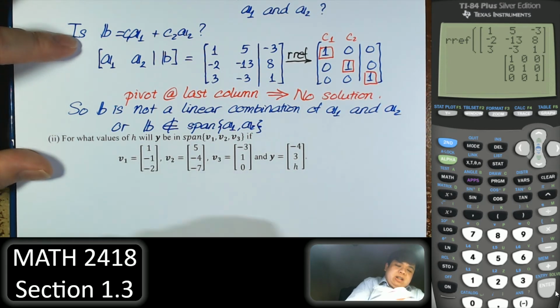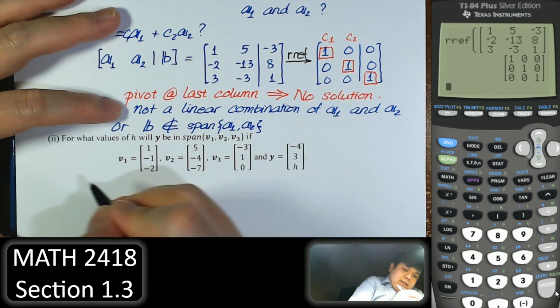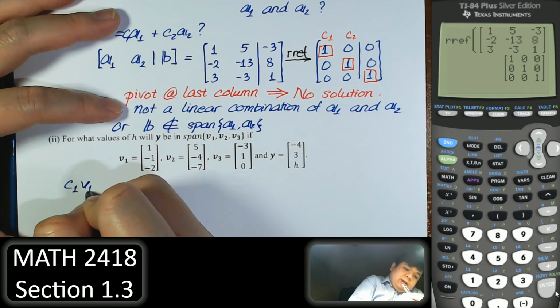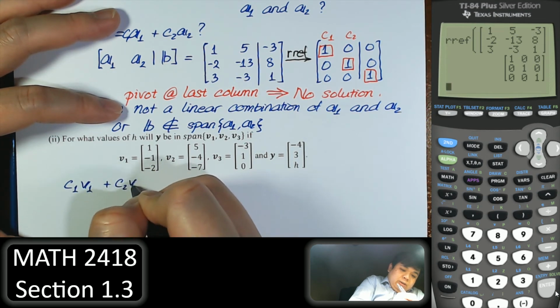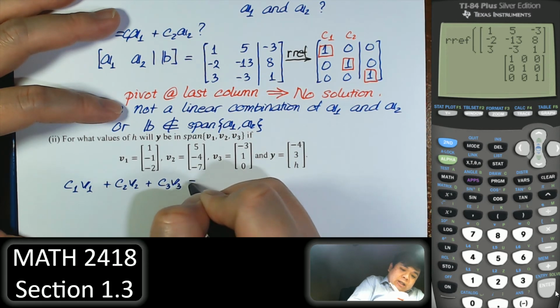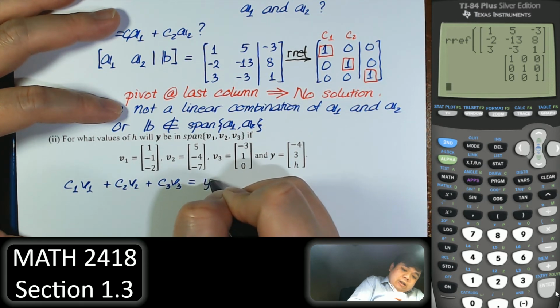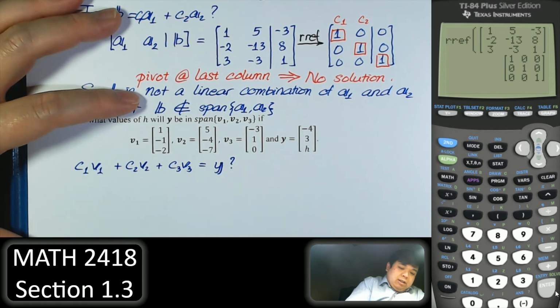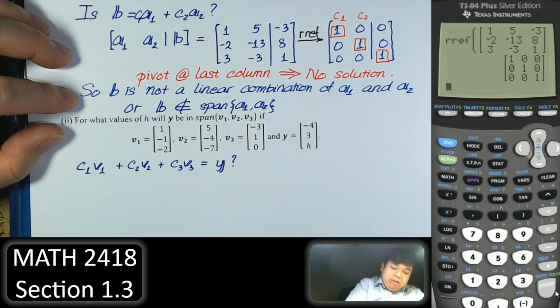So I'm going to write C1 V1 plus C2 V2 plus C3 V3 equals y.